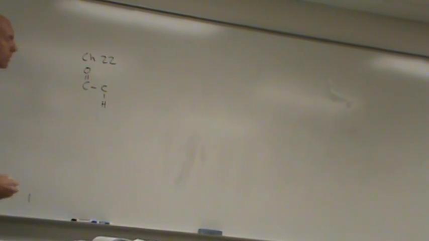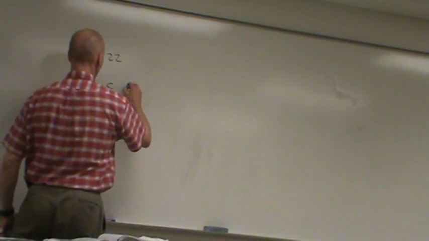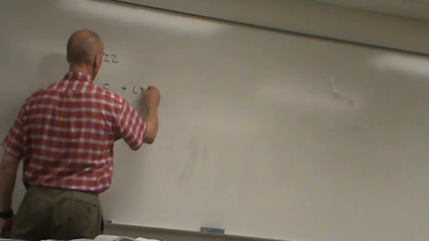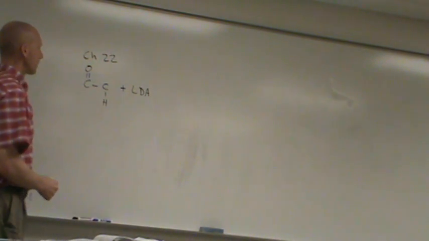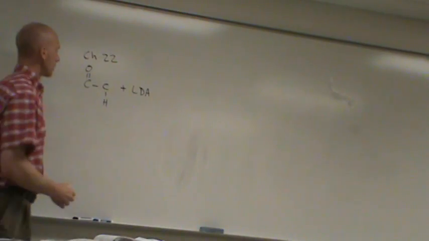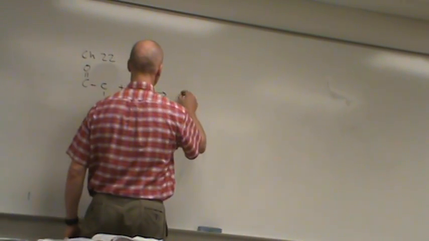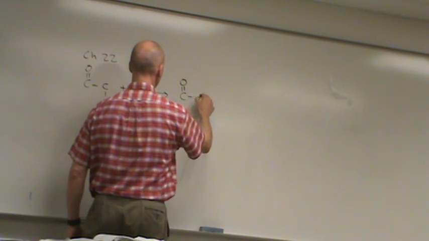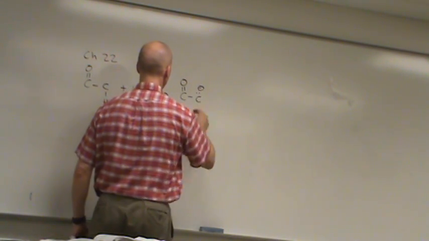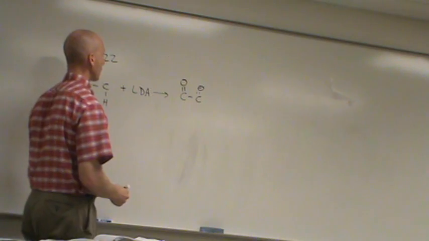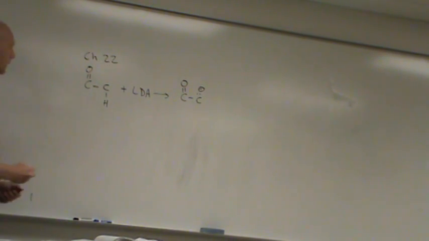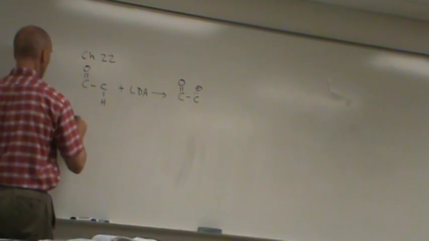Last time we looked at the reaction with LDA, remember that strong base took the alpha hydrogen and made the enolate ion. So let's do a real molecule here once again.